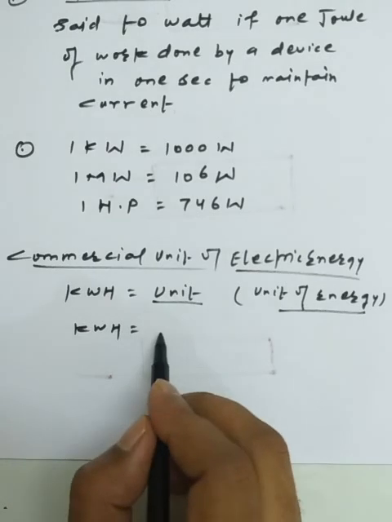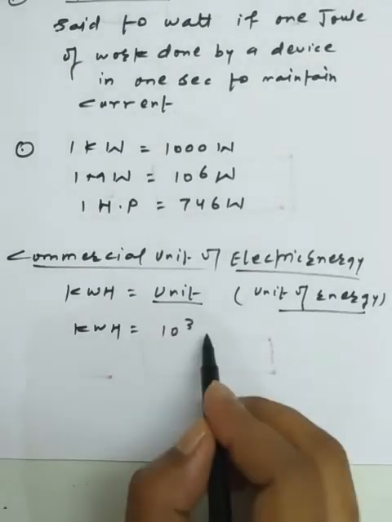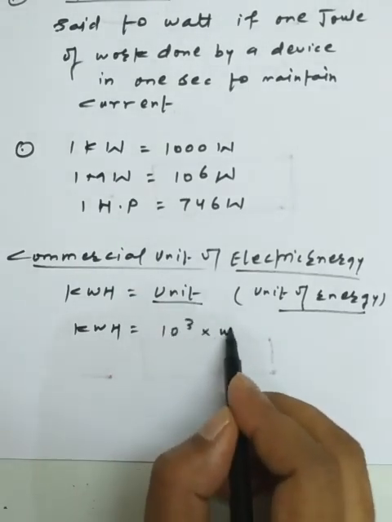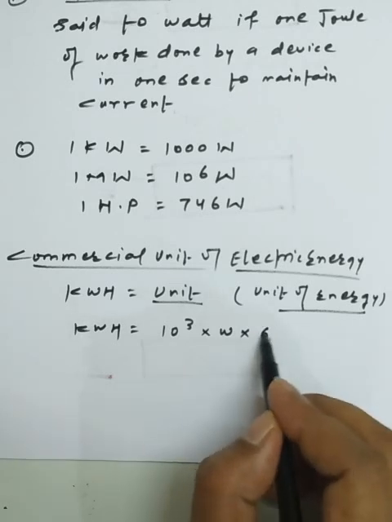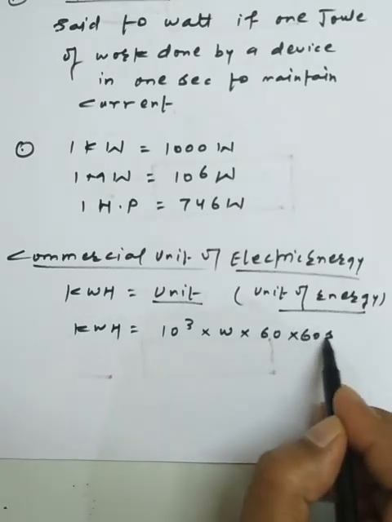We have kilowatt hour, where kilo means 10 raised to power 3, watt is the unit of power, and the hour is equal to 60 into 60 seconds.